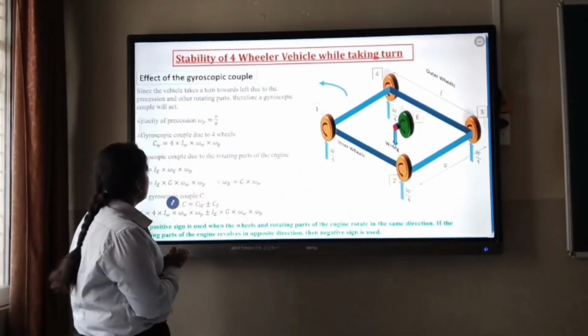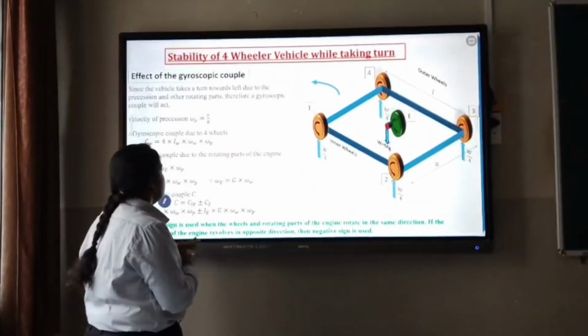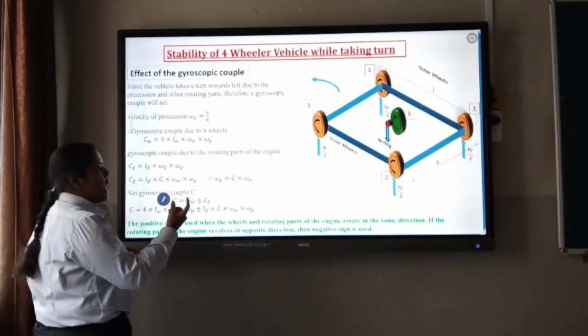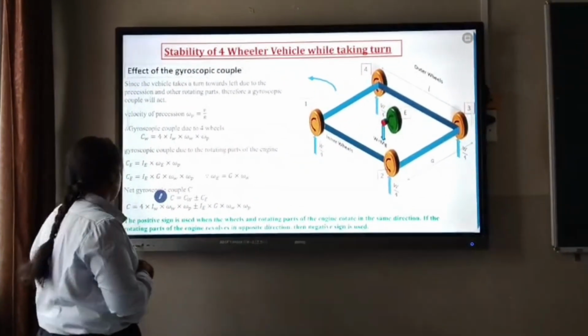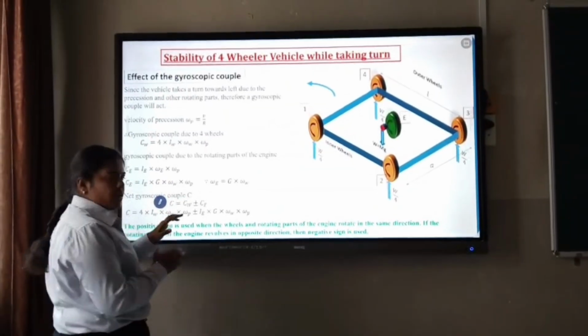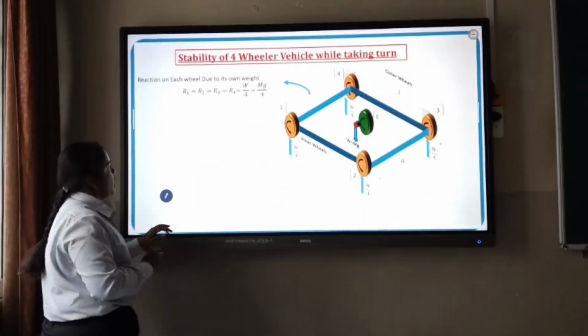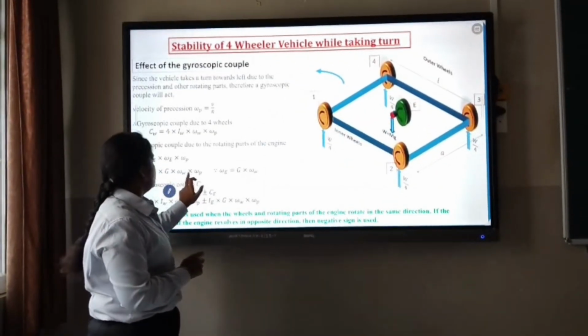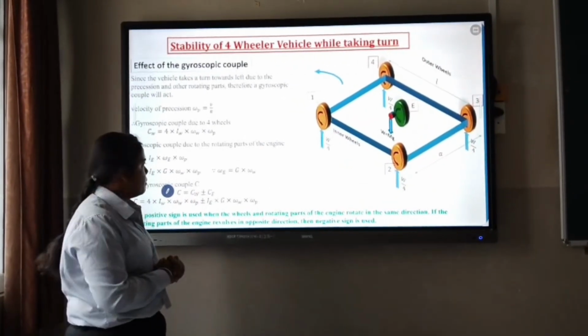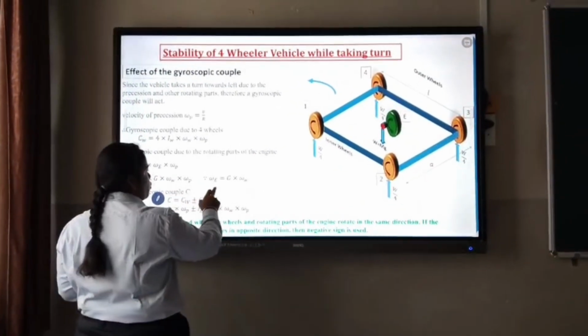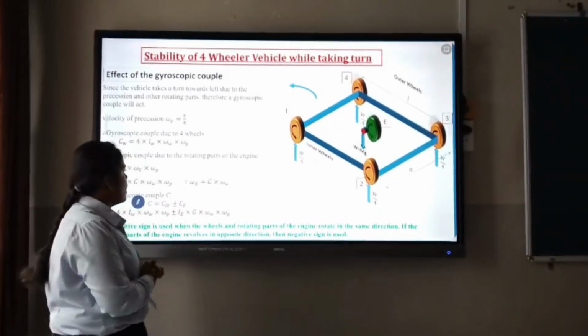Then the gyroscopic couple due to the engine rotating parts is CE equals IE into omega E into omega P. Simplifying, CE equals IE into G into omega W into omega P, therefore omega E equals G into omega W.